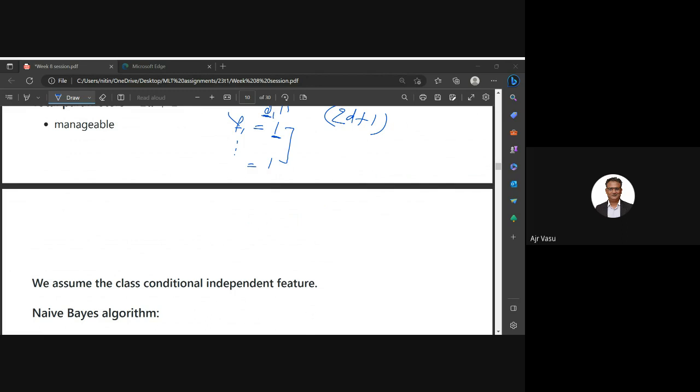I'm saying the first one: if I have to write it as f of x1 to xn, and let's say we don't put the conditional independence, but I write it as f of x1 into f of x2 given x1, breaking the joint probability into conditional probabilities?